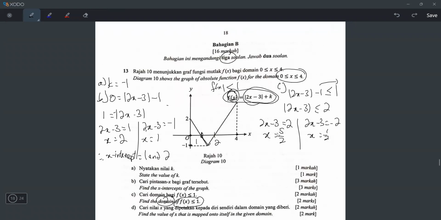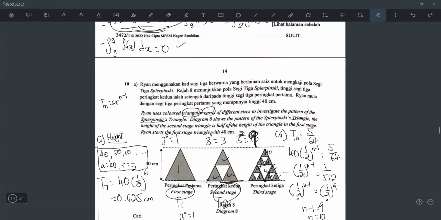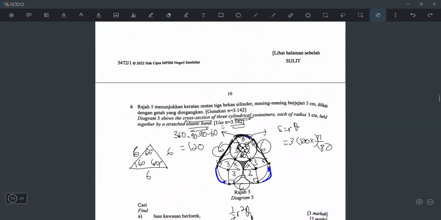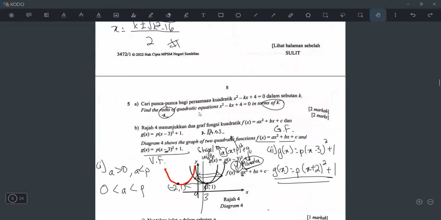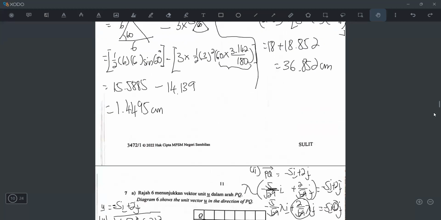And now, I cannot just change this to smaller than or equal to, smaller than or equal to. I already explained in which question just now? Let's find it. Quadratic inequality, where is it? I already explained in question number... There. This one. Question number 5, 5C. I already explained it just now. You can't just do that. It's just like quadratic inequality.